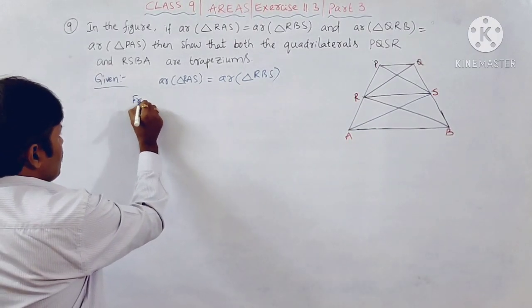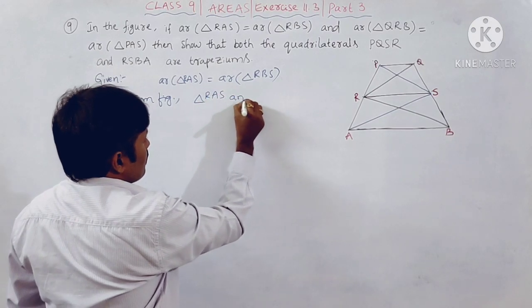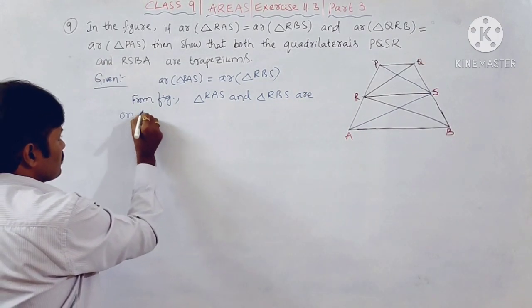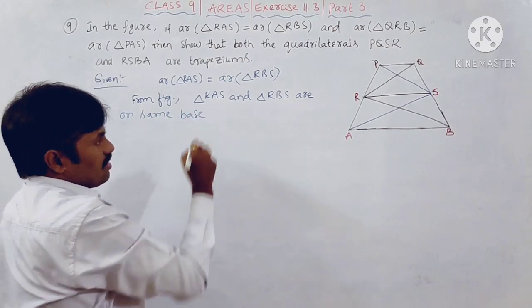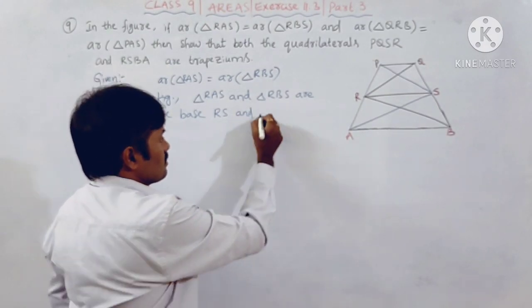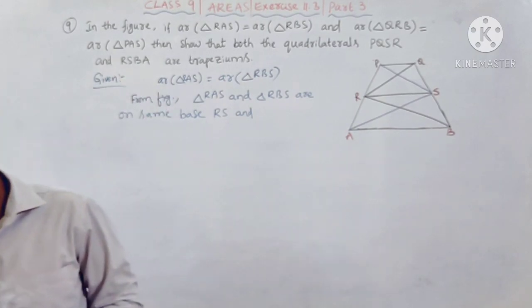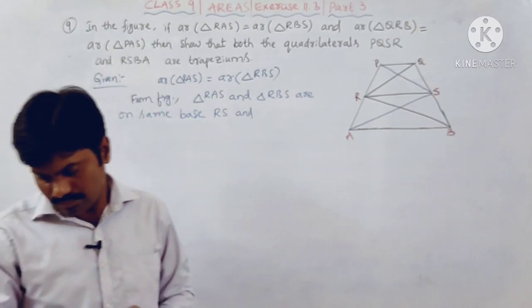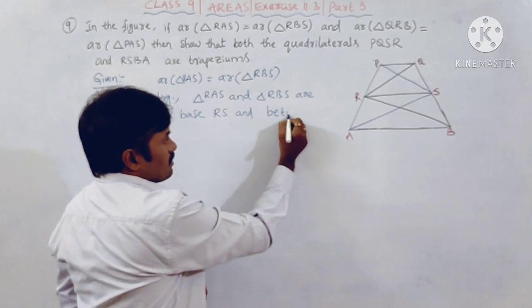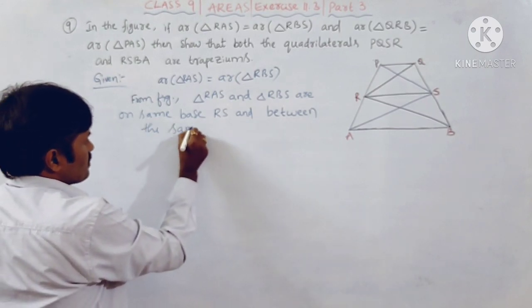So from the figure, triangle RAS and triangle RBS are on the same base RS, and they are between the same pair of lines.